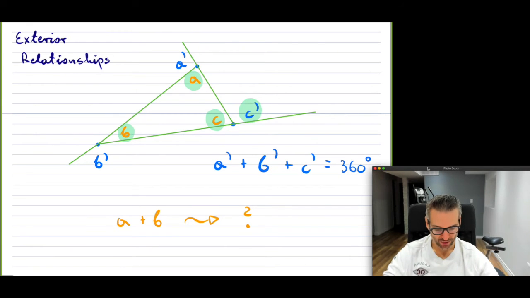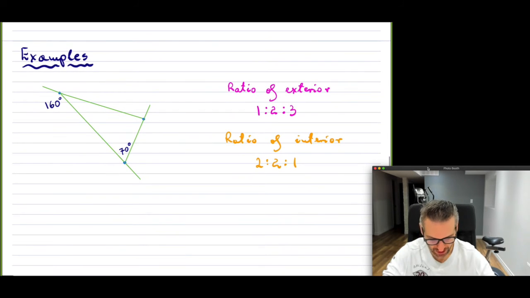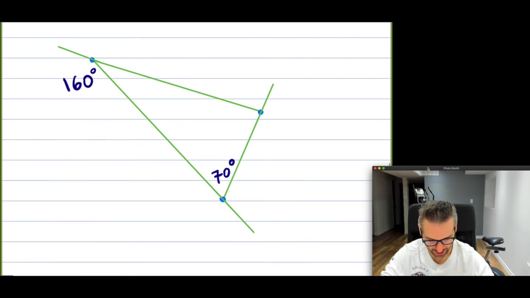Now, as we know these particular items and relationships, we can certainly do quite a lot of examples. For instance, I'm going to take this first one right here.